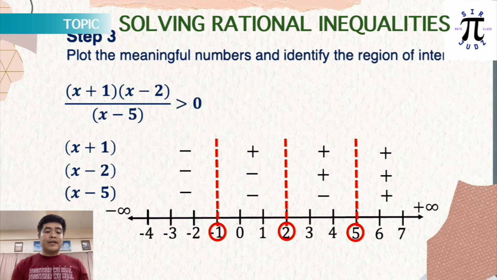On the first interval, yung nasa left ng negative 1, yung sign dyan, for example, let's consider the negative sign will be a negative number. That means we have 3 negative numbers. So, if we're going to multiply 3 negative numbers, negative times negative times negative, the product or quotient will be negative.